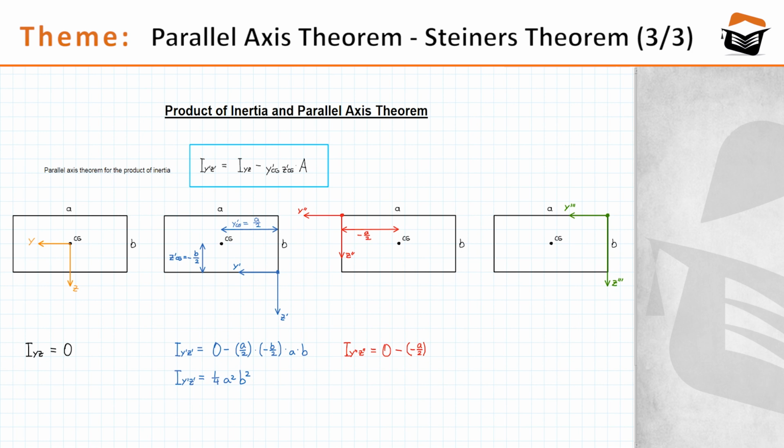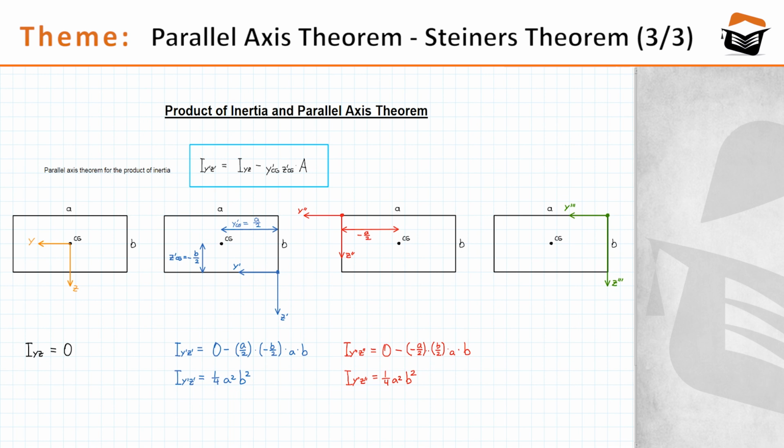So z sub cg double prime would be positive b half because it's in the positive z double prime region, times the area a times b, and this time the value of the product of inertia will be again 1/4 times a squared times b squared.